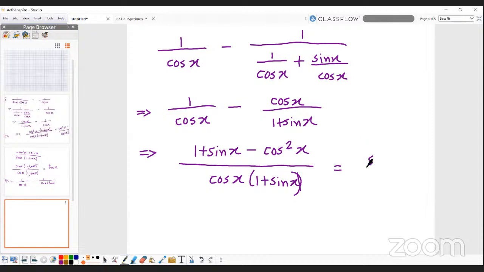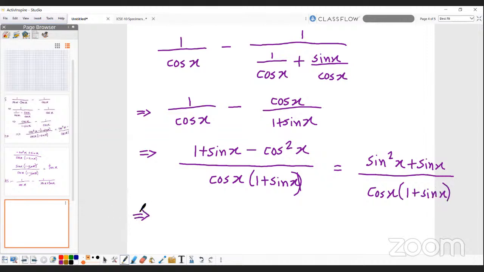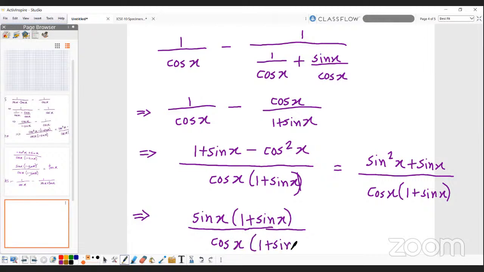So this will be equal to sin square x plus sin x, and in the denominator cos x into 1 plus sin x. Then sin x common, so sin x into 1 plus sin x divided by cos x into 1 plus sin x. Then 1 plus sin and 1 plus sin cancel each other. Sin upon cos x will be tan x.